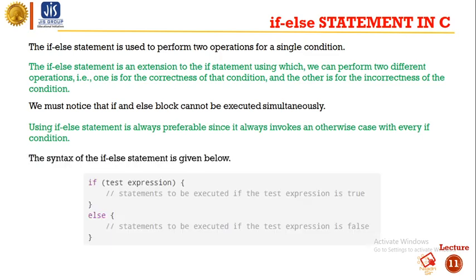The syntax of the if-else statement is given below. After if there is a condition. If this condition is satisfied, then this will be the execution. If that condition is not satisfied, then the statements within the else block will be executed.